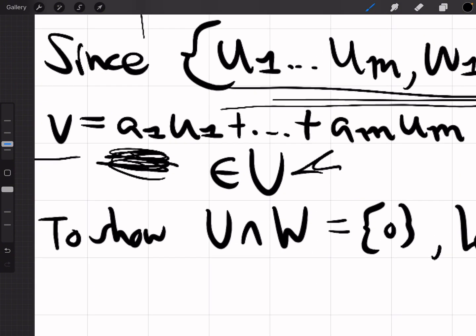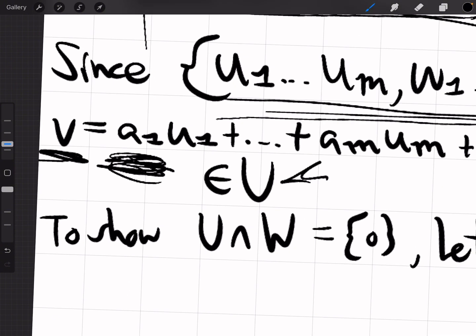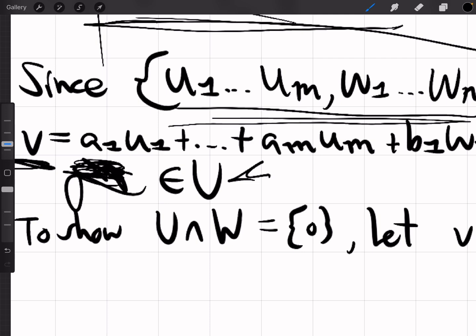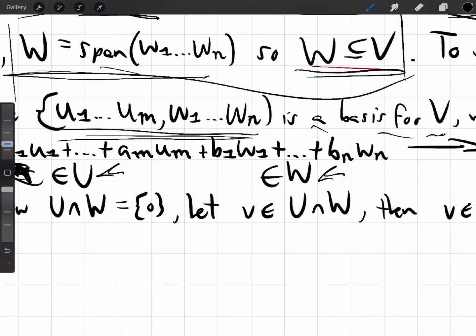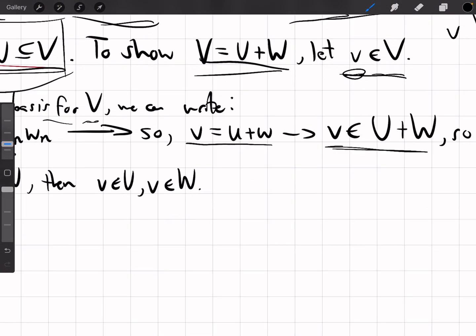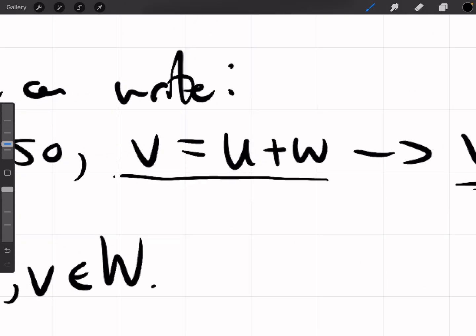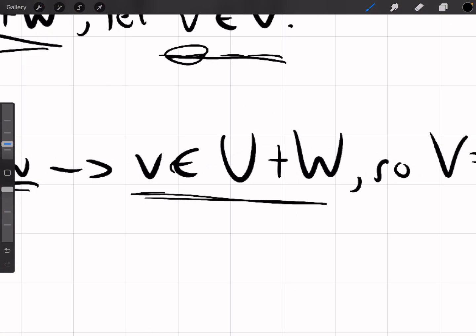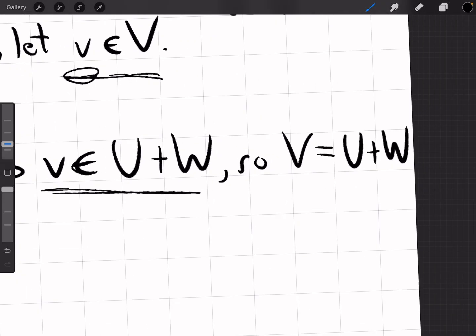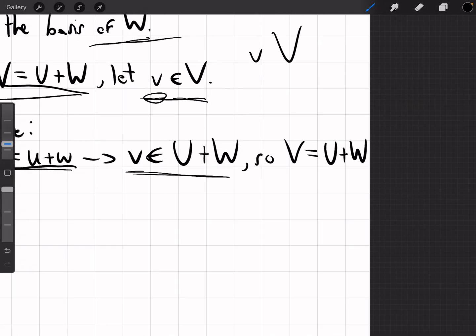Okay, so you have this element V. This is a scalar. I've already talked about it. I probably haven't, but I won't. And obviously, all this stuff is in either capital U or capital W. So now we have this element V equal to element U plus element W. So therefore, we know that V is in capital U plus capital W. So now, and I'll read off my notes here because it's better.